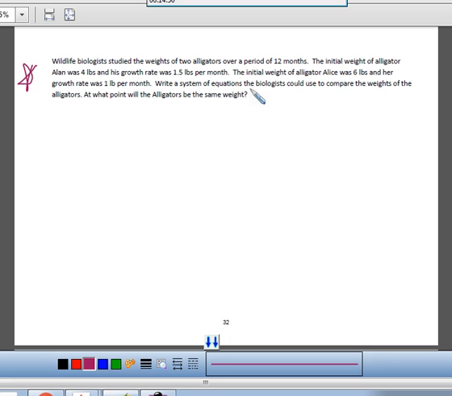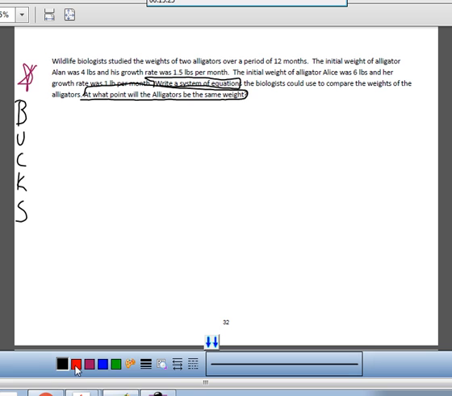Write a system of equations the biologist could use to compare the weights of the alligators. At what point will the alligators be the same weight? So, this is another box problem. Put a box around the question. You are going to answer that question, but you're also going to be writing a system of equations.